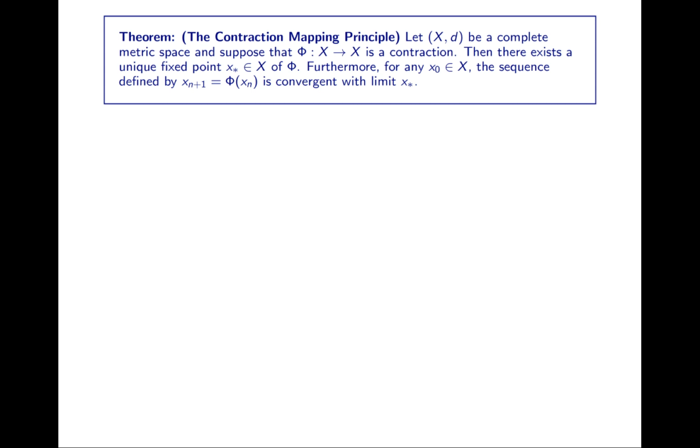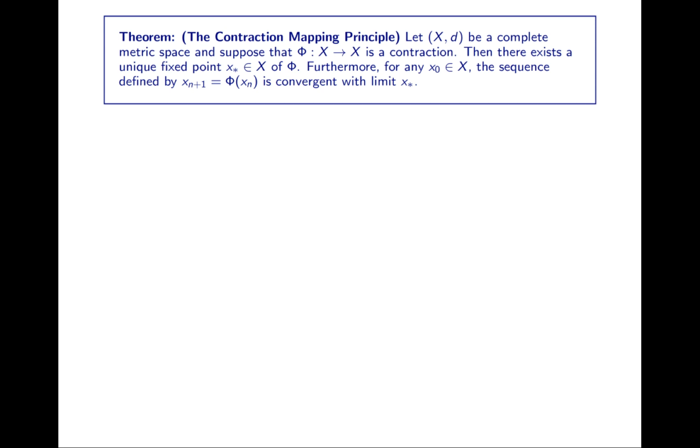So here we come to the highlight of today's lecture, the contraction mapping principle. It is essentially the principle we saw played out in the animation just now. Let (X, d) be a complete metric space. So X is the space, the set, and d is the metric.